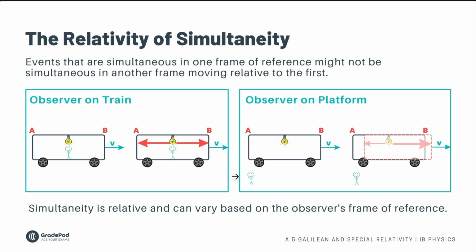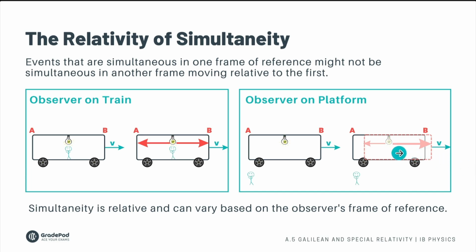The train is moving at velocity v, and if the light bulb is switched on, light is emitted in the forward and backward direction at the same time. However, while the light is travelling, the train has also moved towards the forwards direction, and that means the back end of the train has moved towards the light source. The front end of the train is then moving away from the light source.